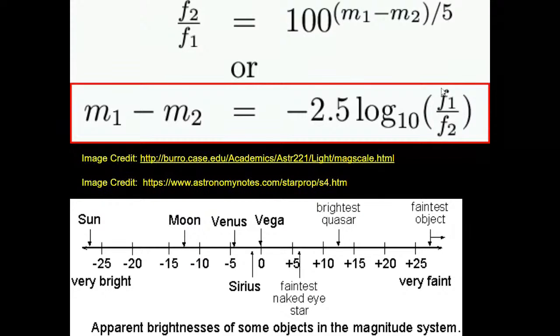For star 1, if my telescope measures the flux to be F1, and for star 2, the telescope measures the flux to be F2, then it turns out that the old classification of magnitude is that the magnitude of star 1, if I call it M1, and magnitude of star 2, if I call it M2, then M1 minus M2 is equal to minus 2.5 log base 10 of the ratio of F1 to F2.